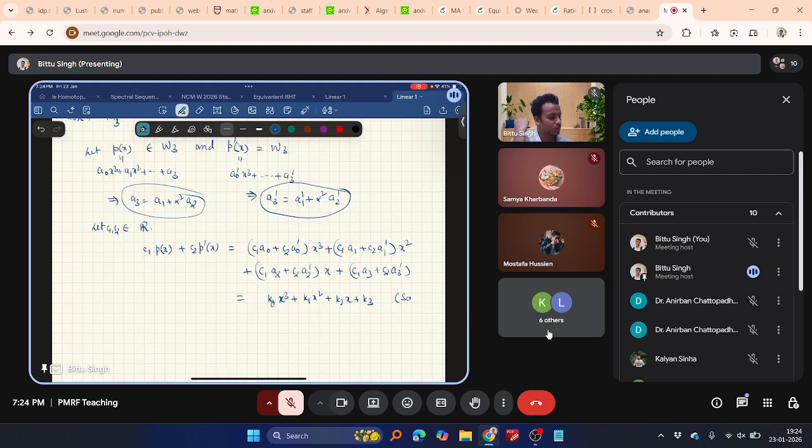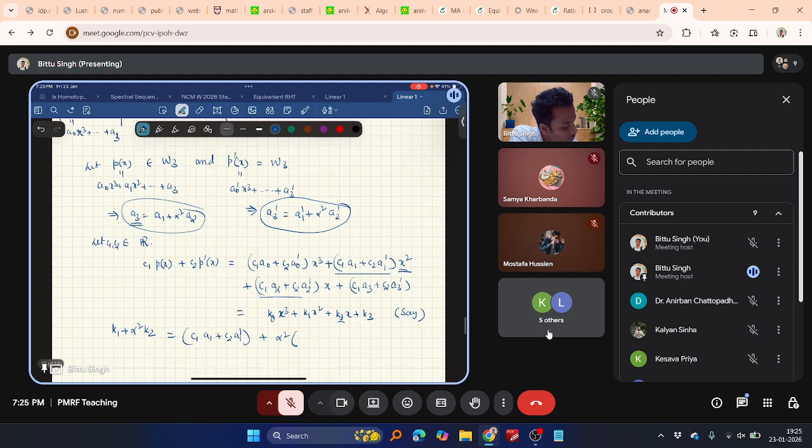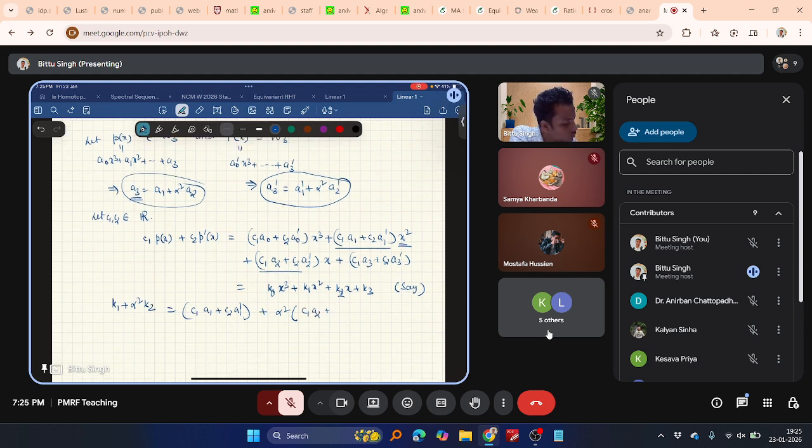We need to prove that k1 plus alpha square k2 is the same as k3. Here k1 is the coefficient of x squared, and k2 is the coefficient of x. So k1 is c1 a1 plus c2 a1 dash, and alpha square k2 is alpha square times (c1 a2 plus c2 a2 dash).